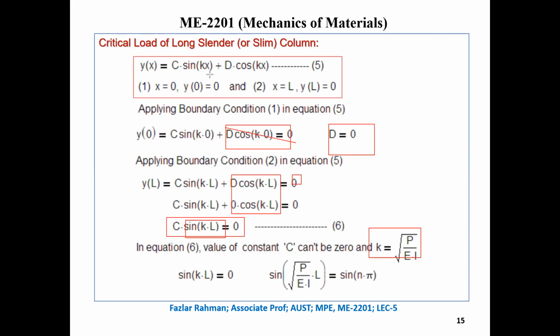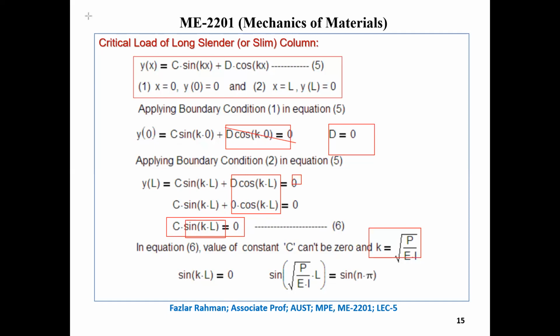You cannot put n equal to 0, because we already found d is 0, and again we would be saying sin kx equal to 0, then y(x) would be 0. That means the value of sin kL equal to sin n pi, but the value of n will vary from 1 to a certain number. So that's how we put kL equal to n pi.